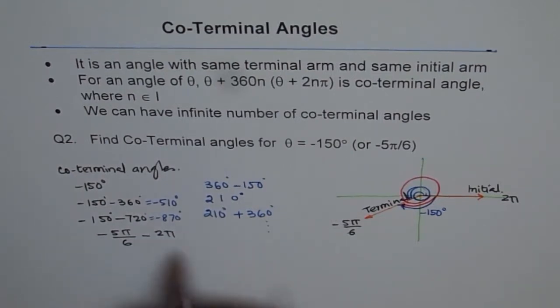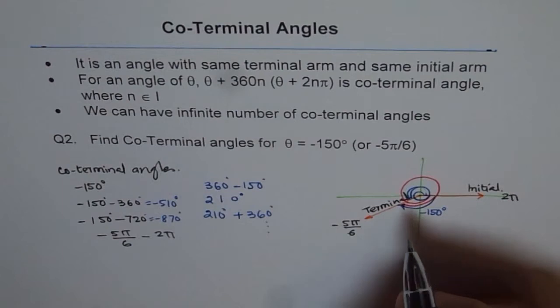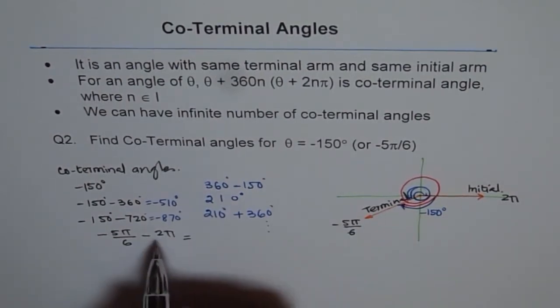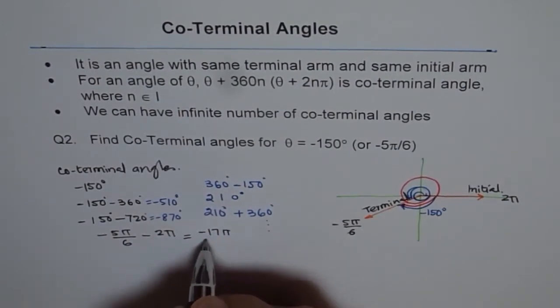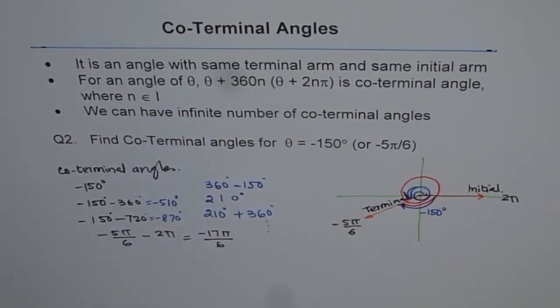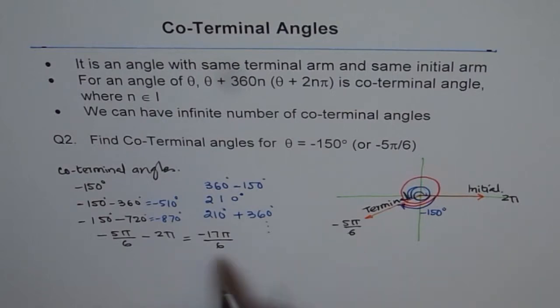So that will be my first coterminal angle if I go clockwise. So 6 times 2 is 12, 12 plus 5, 17. So we get minus 17 pi by 6 as our first coterminal, right? We can further go to more negative side, minus 2 pi, and get more of those, correct? So there's one way of doing it.